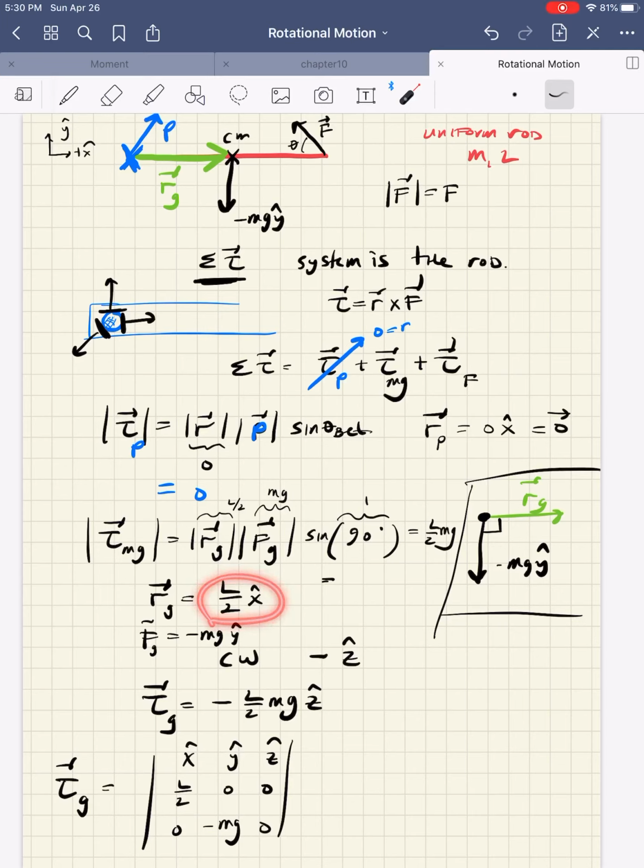Only has an x component, 0, 0. Only has a y component, 0, 0. Everything is 0 except for the z hat. You can prove that to yourself, but it gives me the same result.